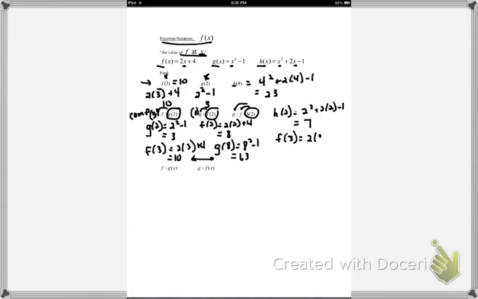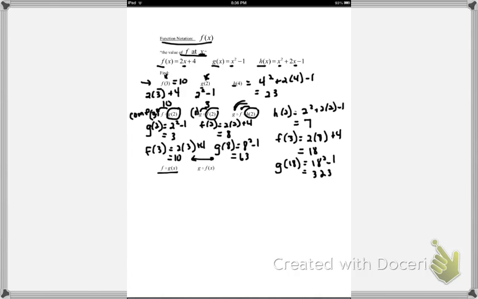So 2 times 7 plus 4. This will give us 14 plus 4, 18. We continue and we roll it to the other one, to the g. G of 18 gives us 18 squared minus 1. This will give us 323. So the composition of g of f of h at 2 is equal to 323.